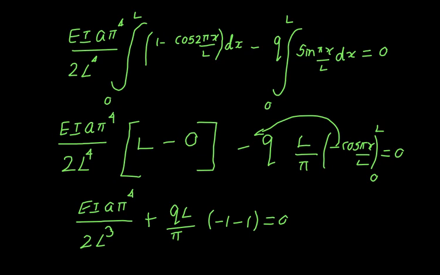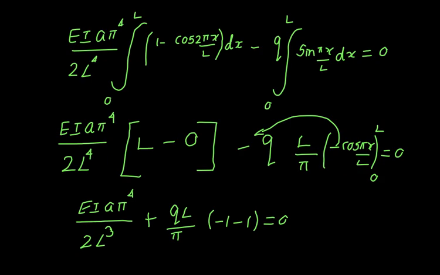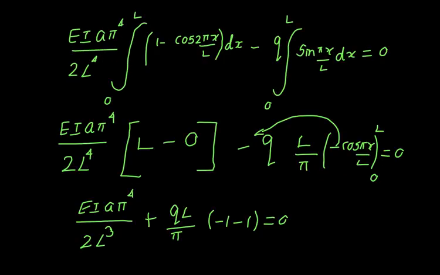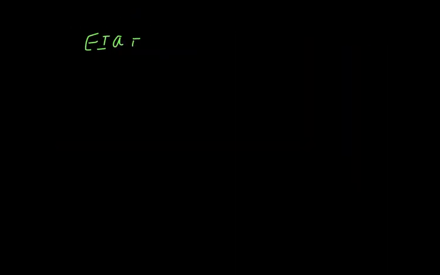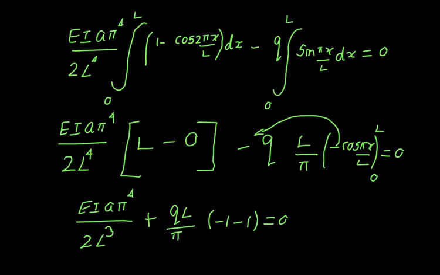So let us do it on the next page. It is EI into A into pi raised to the power 4 divided by 2L cube is equal to 2QL over pi.